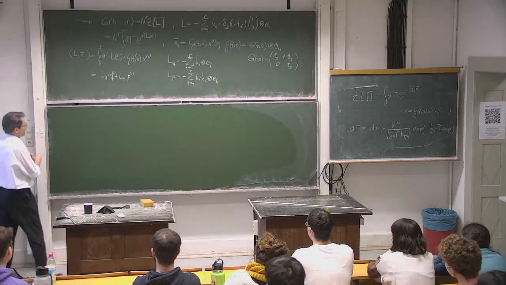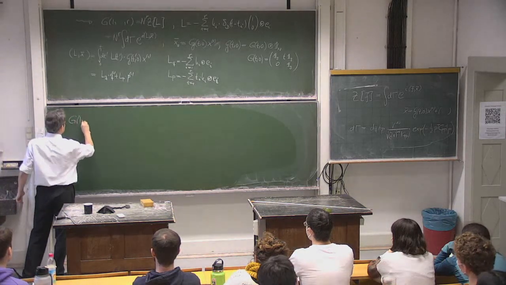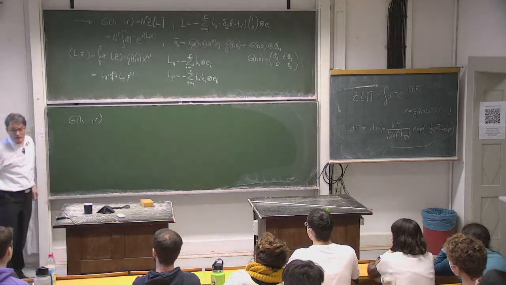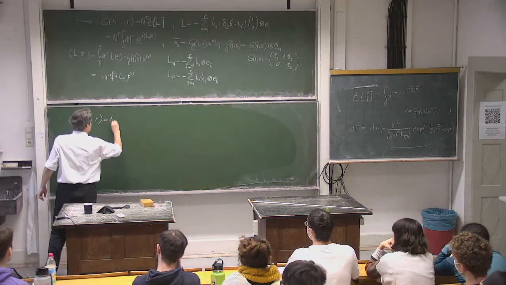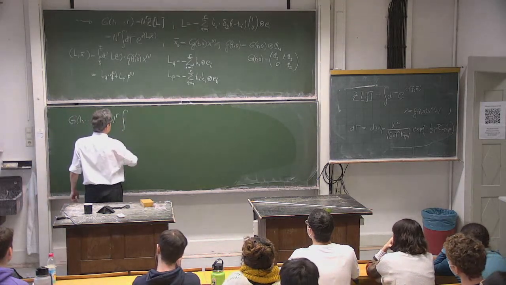Okay, so now we get an expression for our R-point spectrum, which is going to be n to the power of R times the integral.